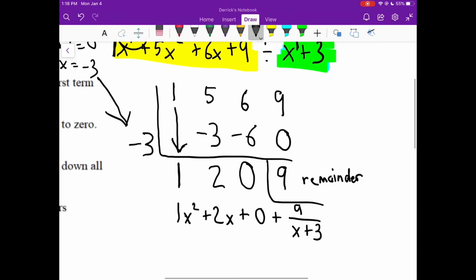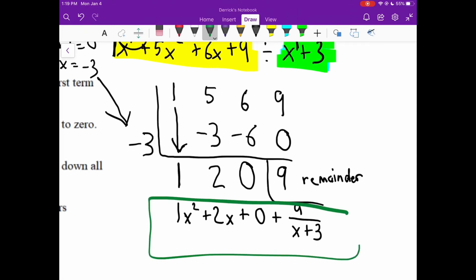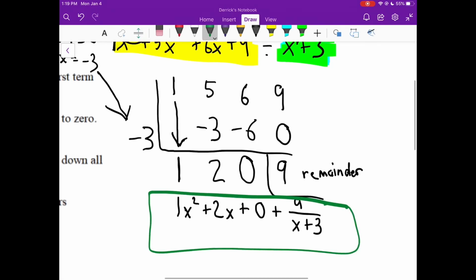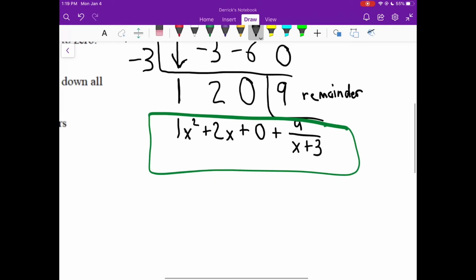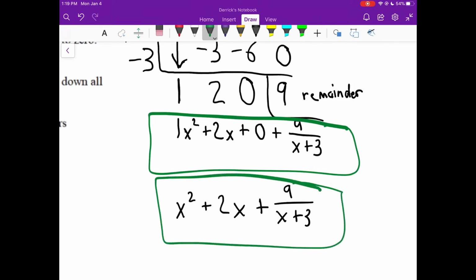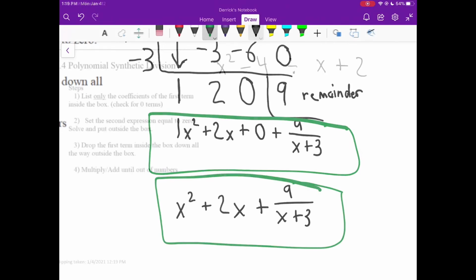We are literally saying we weren't able to do this division, but we're still going to write that there was division left to be done. If you don't like having the 0 there, you could also rewrite it, just to make it look nicer, as x squared plus 2x plus the fraction of 9 over x plus 3. That would be the simplest form that you could write this answer as.